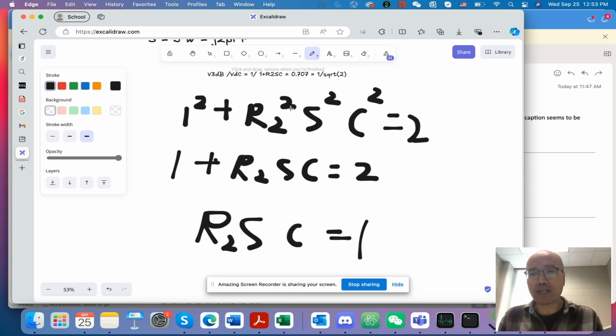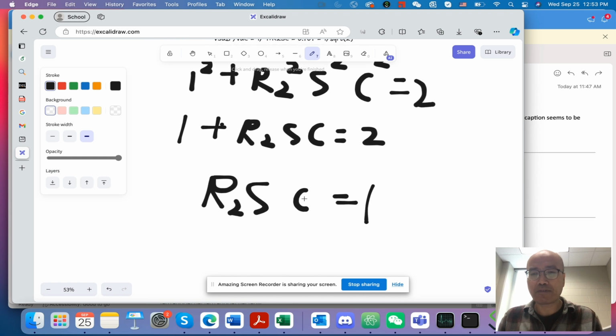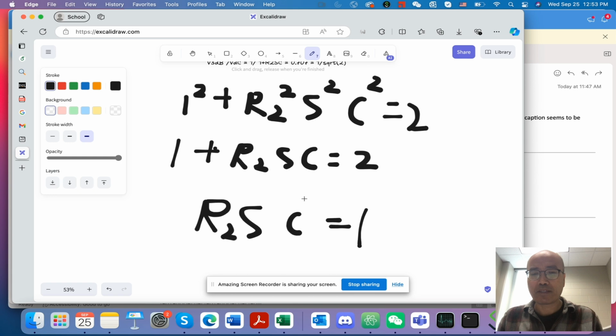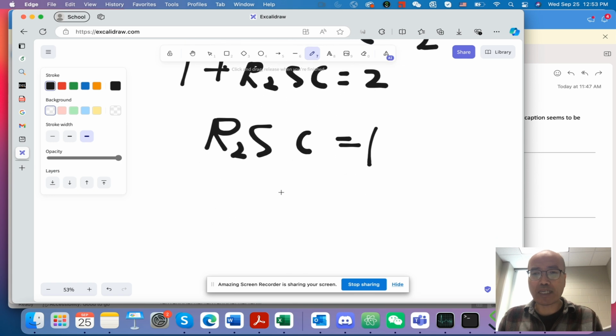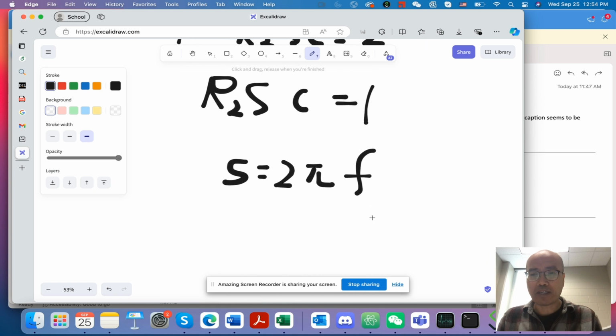You write this R squared S squared C squared equal to this. Why does it become this? Because this is one. So because one, R2 S C equals one, make sense? R2 S C equals one, where S is 2 pi f, right?